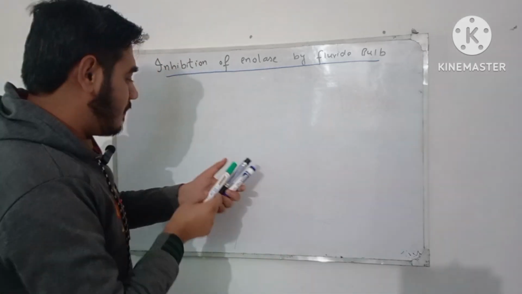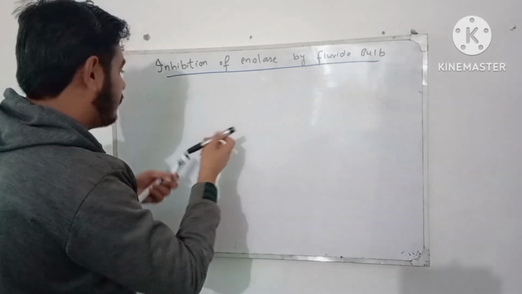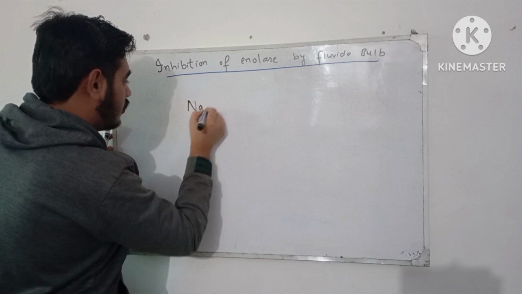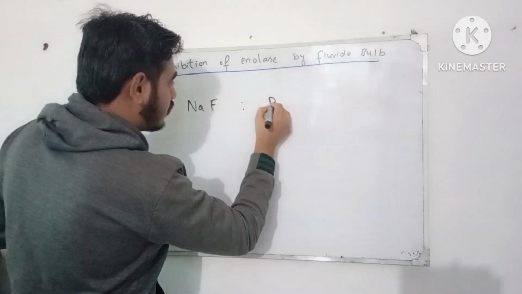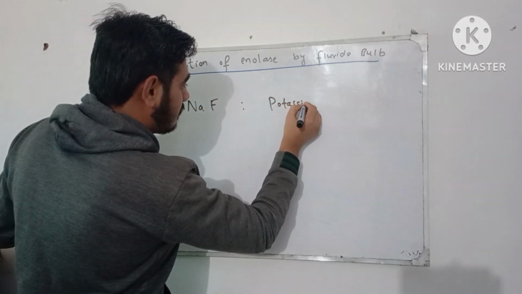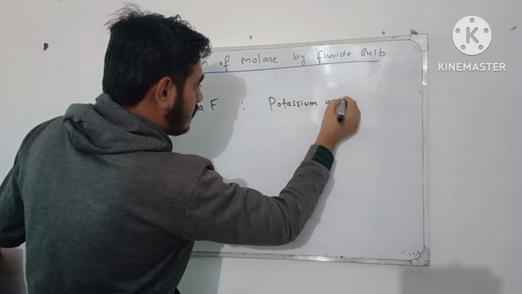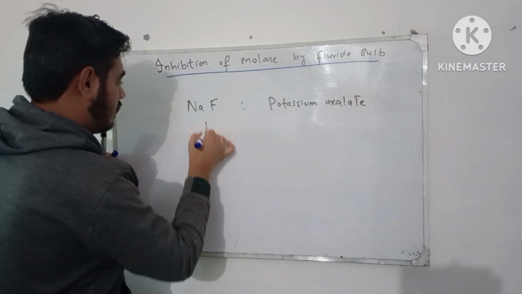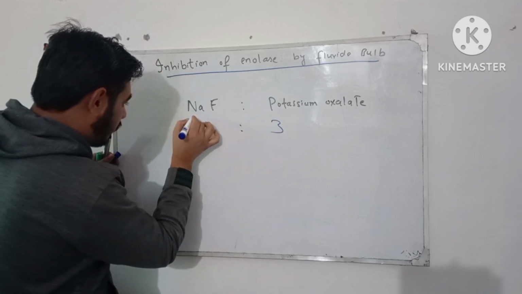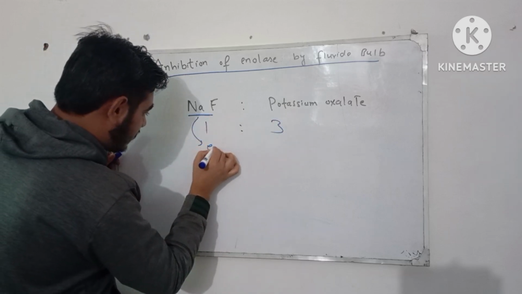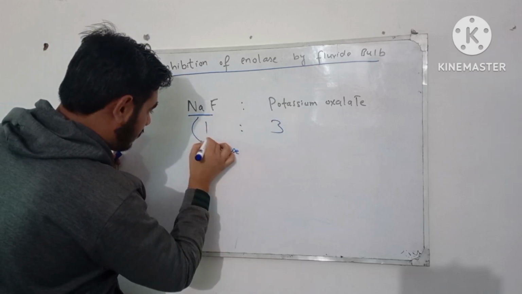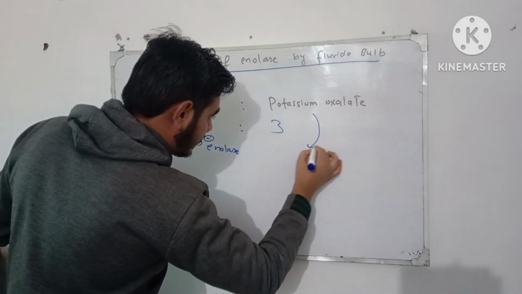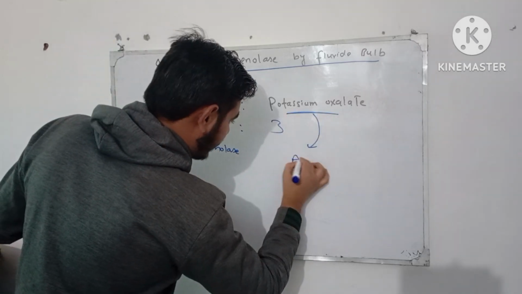This fluoride bulb is composed of sodium fluoride and potassium oxalate with the ratio of 1:3. This sodium fluoride inhibits enolase enzyme, and this potassium oxalate acts as an anticoagulant.